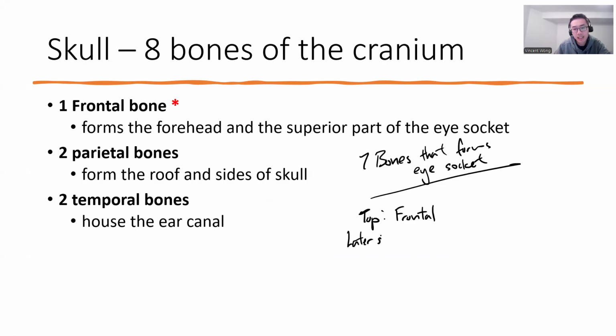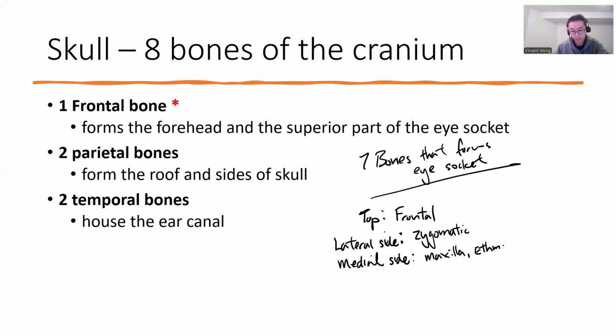Lateral side, which is on the outer side, we have the zygomatic, which is also the cheekbone. On the medial side, there are three bones: the maxilla, part of it anyways, the ethmoid, and the lacrimal. Lacrimal is the one with the tear duct.